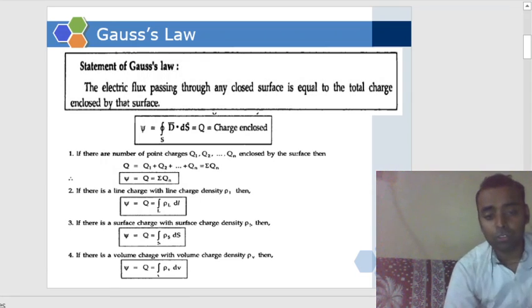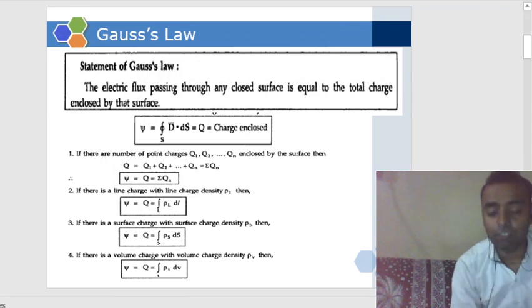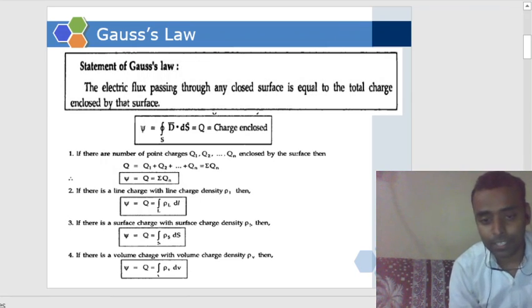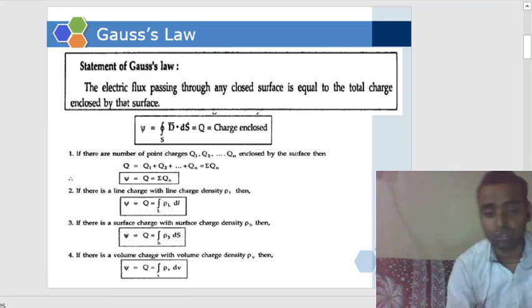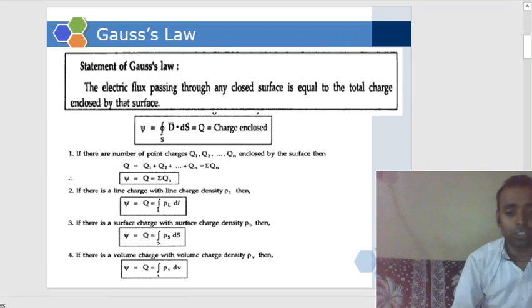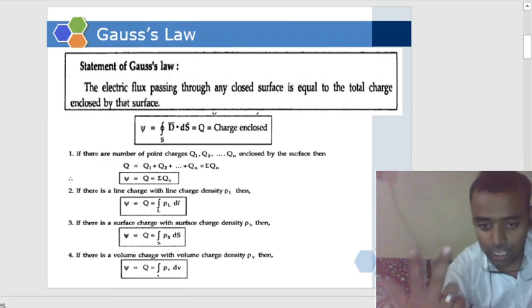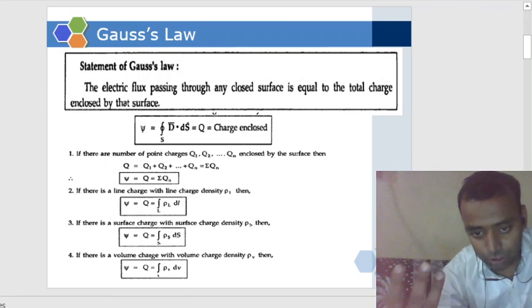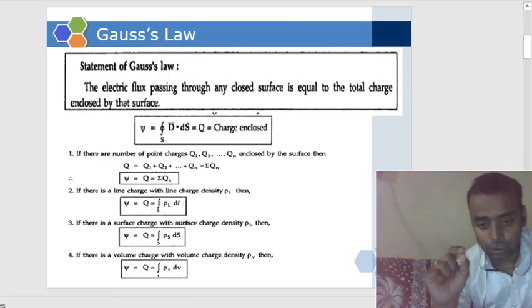Suppose the charge inside that closed surface is a line charge. Can we write that in terms of the line charge density, rho L? Everybody remembers the types of charge distribution we defined: point charge, line charge, surface charge, and volume charge. Point charge is charge on a point.